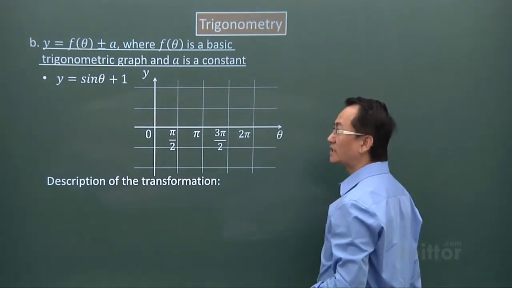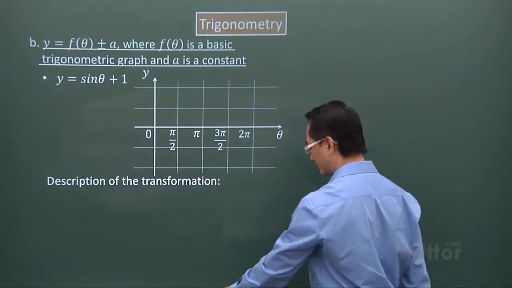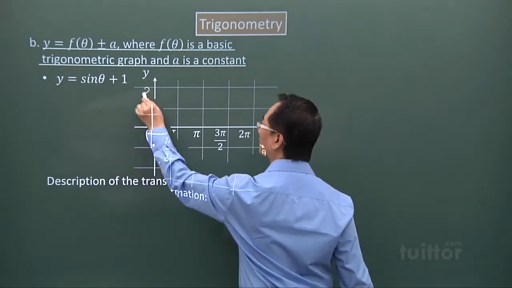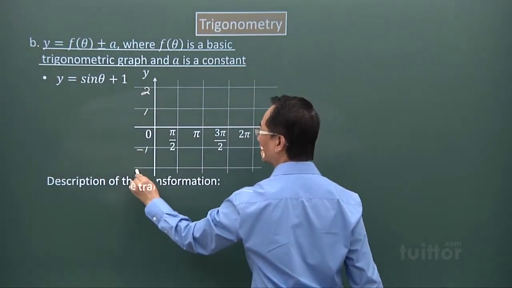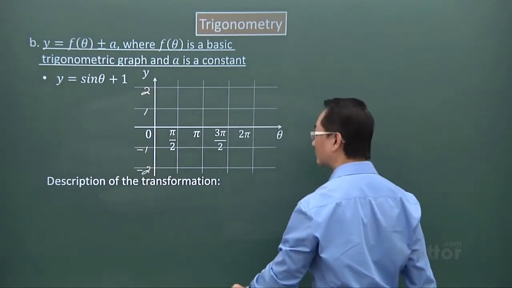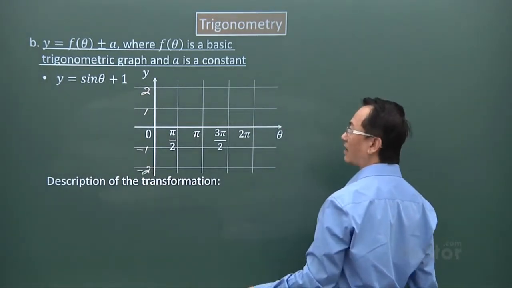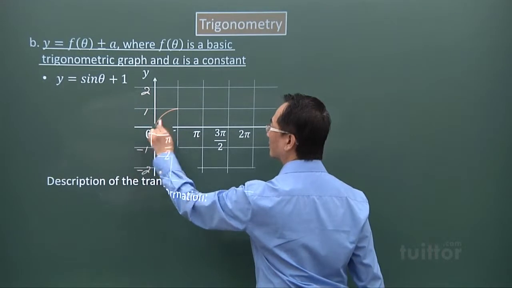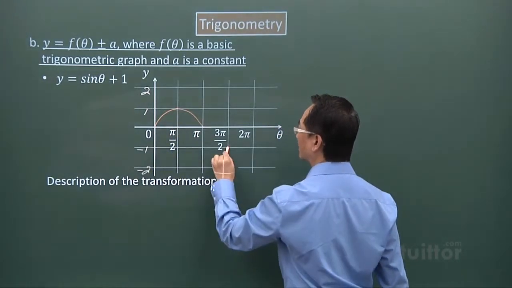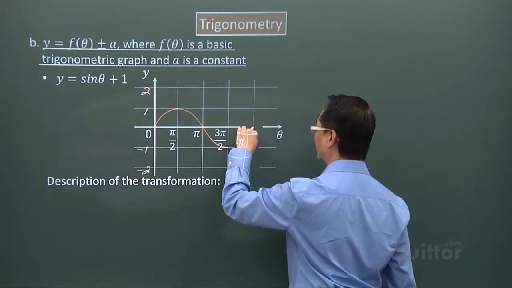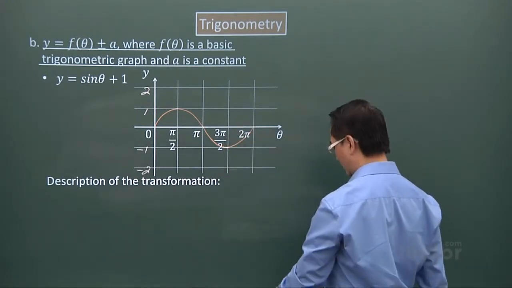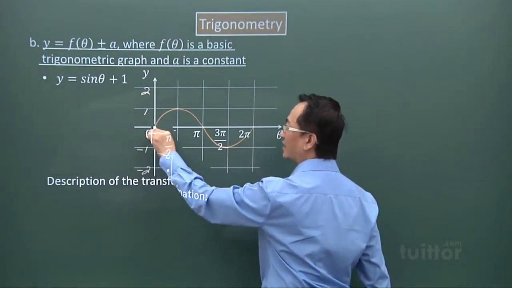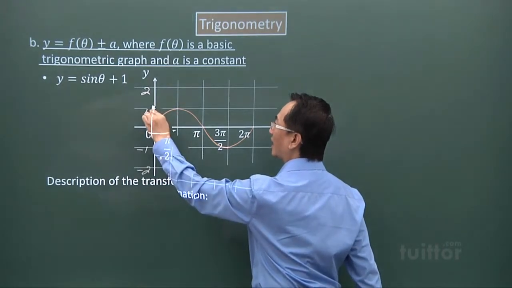So let me just sketch for you the basic graph. Name the axis first. 1, 2. This is minus 1, minus 2. So the basic graphs will look like that. But with the plus 1, instead of at the 0, now it's there.